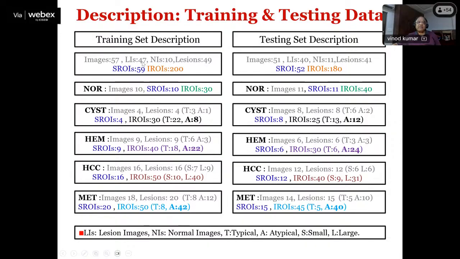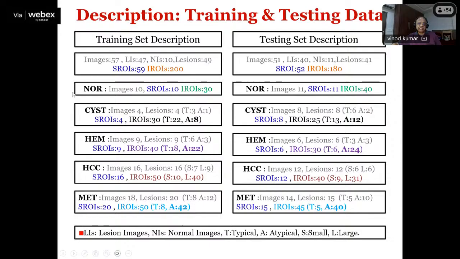So our data was not equally distributed. Depending upon the number of cases, the data was not equally distributed, whereas in machine learning or deep learning, we feel the data should be equally distributed, otherwise a biasing problem will be there.